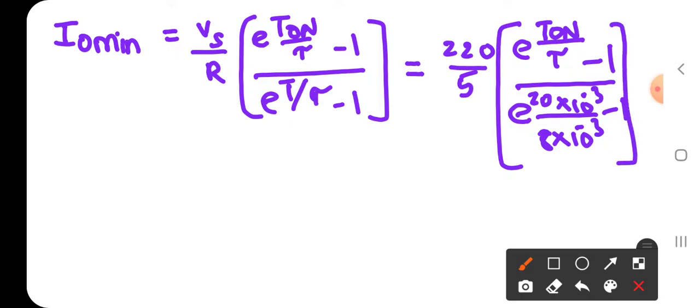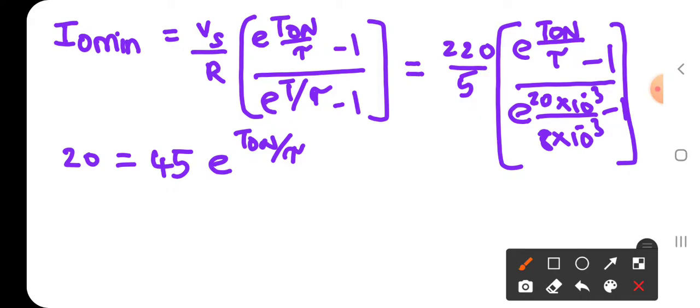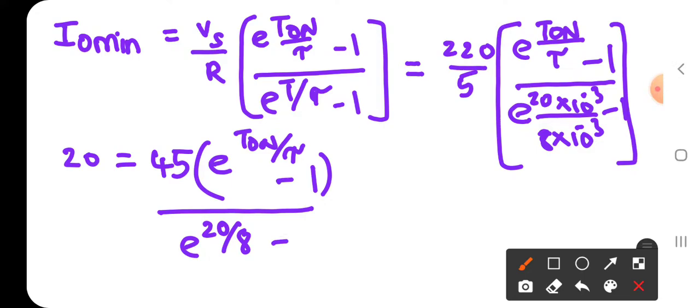So I_min has been given as 20. 20 is equal to 220 by 5, which is 45, into e power T on by tau minus 1 over e power 20 by 8 minus 1. 10 power minus 3 and 10 power minus 3 cancel.